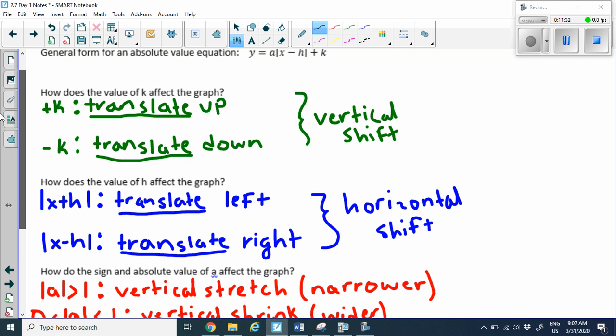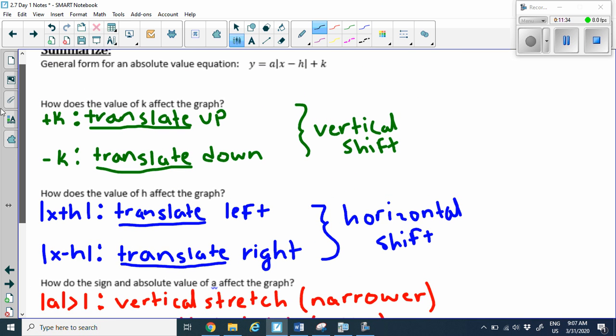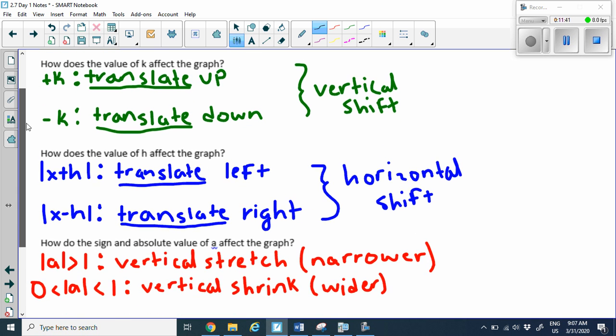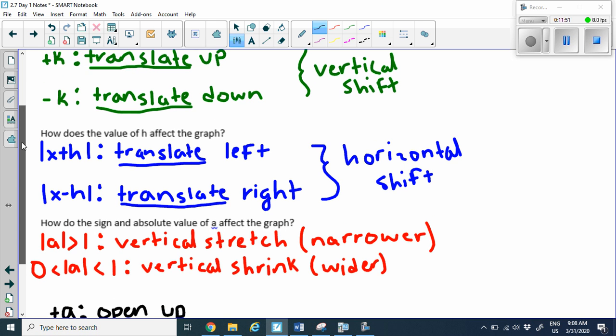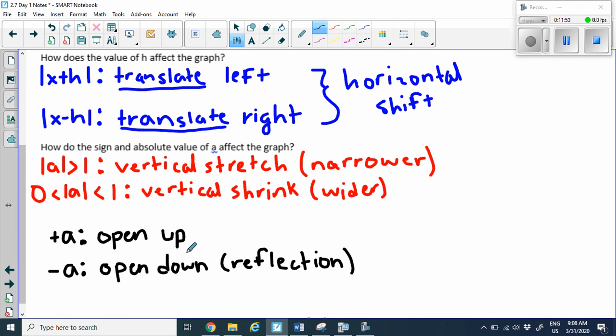Okay, so here we have how each of these values, A, H, and K, affect our absolute value equation. We have our K, which vertically shifts. We have our H, which horizontally shifts. We have our A value, which does two things. It can flip our graph, so that's where we have a reflection.